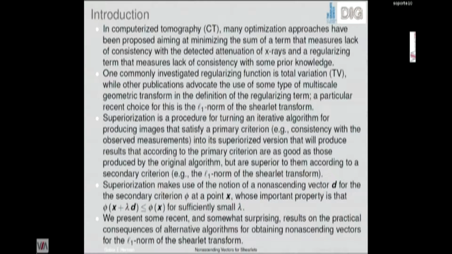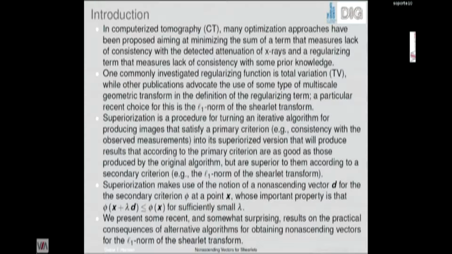You just want to get an image which is near enough to the measurements. And typically, a feasibility problem is much easier to solve than an optimization problem. Usually there are very efficient algorithms in computed tomography which will give you a feasible image, an image which is consistent with the measurements within an epsilon.